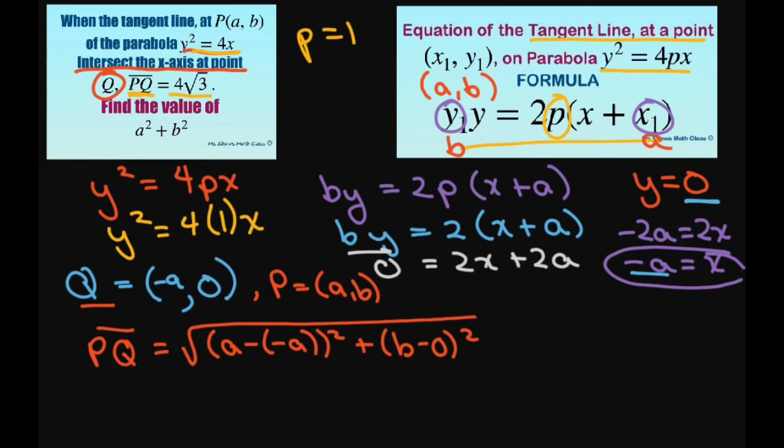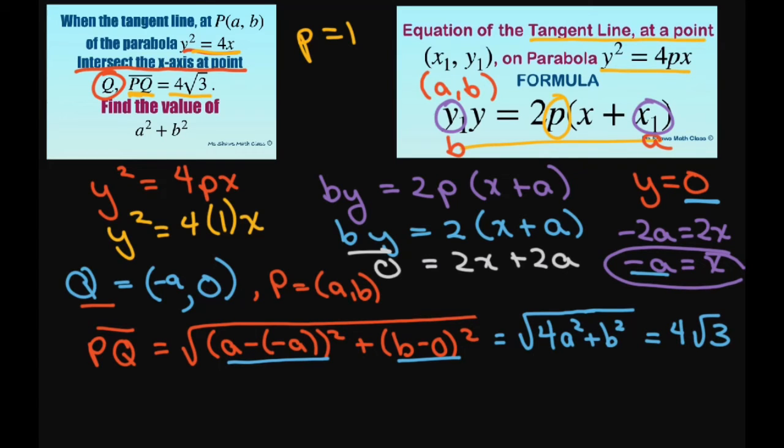This is going to equal the square root of 4a squared plus b squared when you expand all this out. And then we're going to have this equals 4 square root of 3.